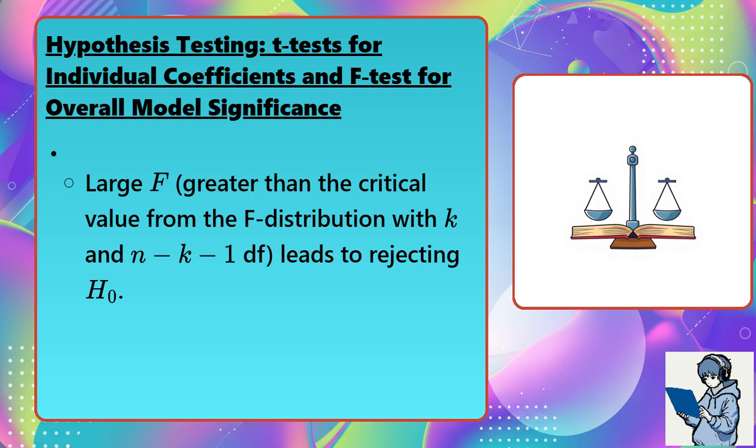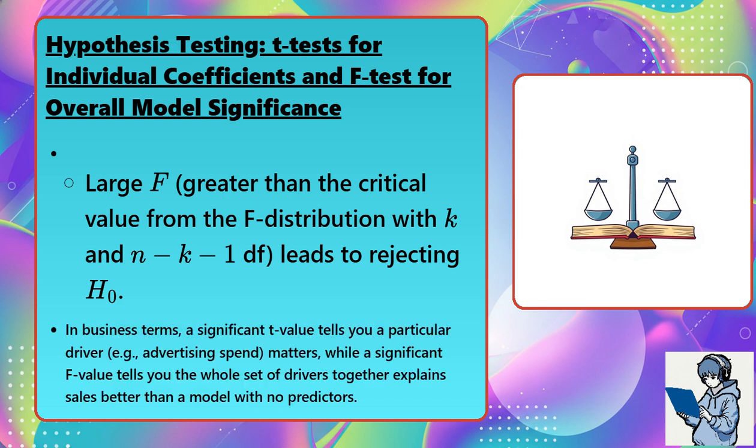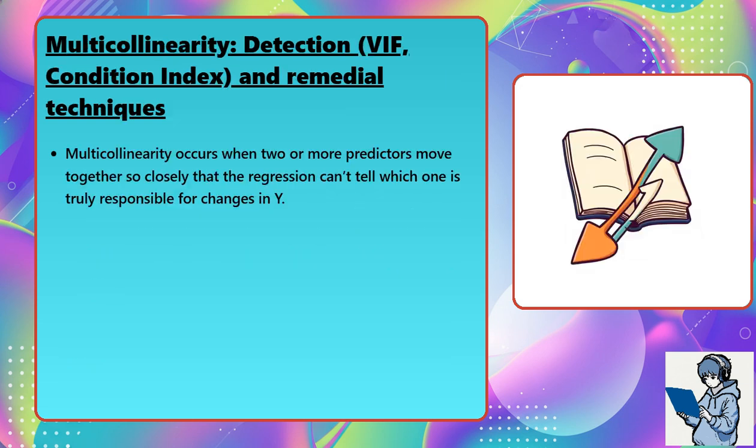A large F greater than the critical value from the F distribution with k and n minus k minus 1 degrees of freedom leads to rejecting H0. In business terms, a significant t-value tells you a particular driver, for example advertising spend, matters, while a significant F-value tells you the whole set of drivers together explains sales better than a model with no predictors.